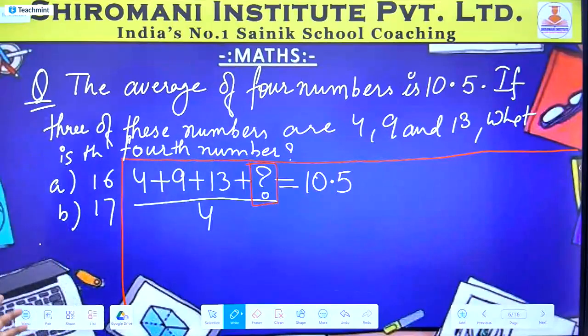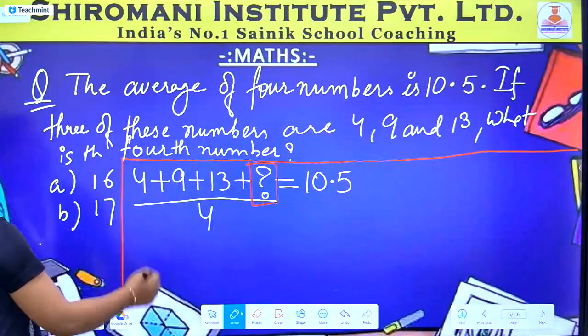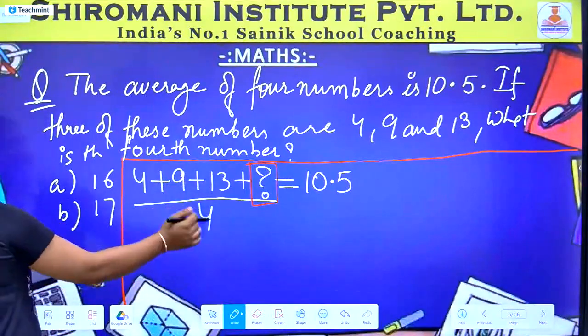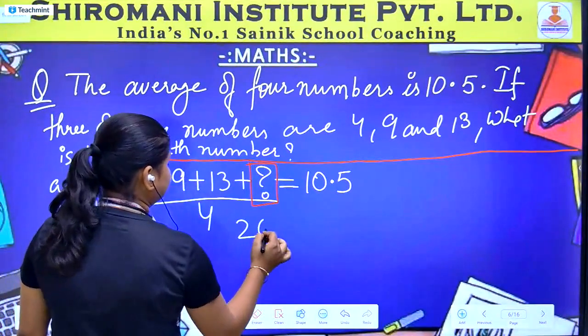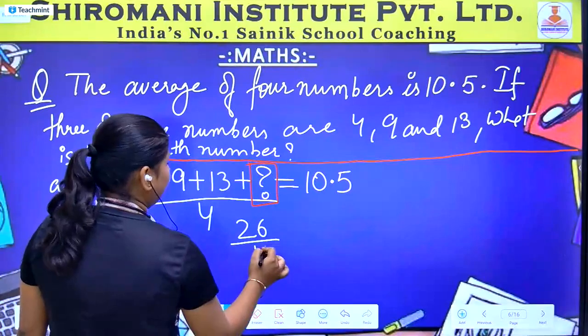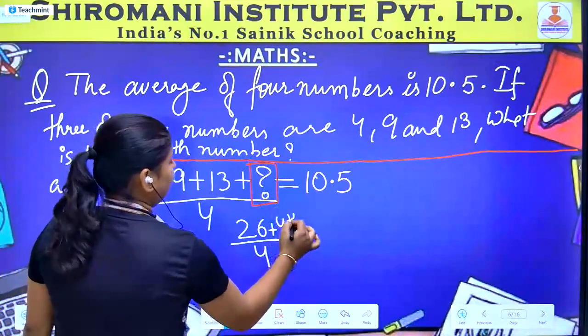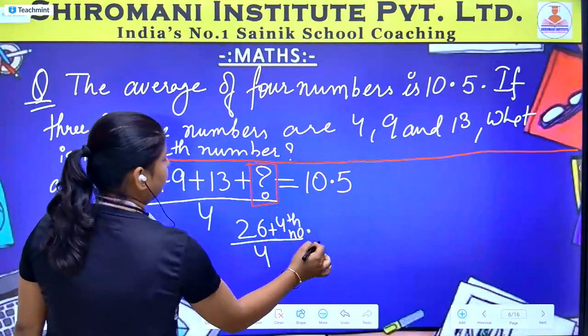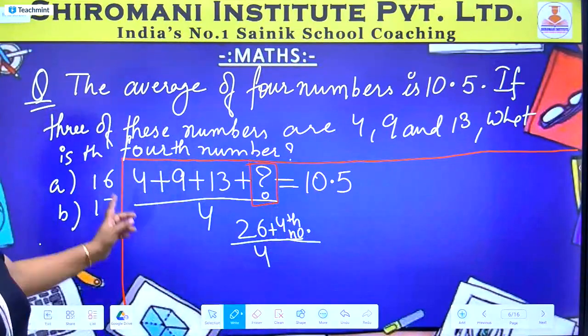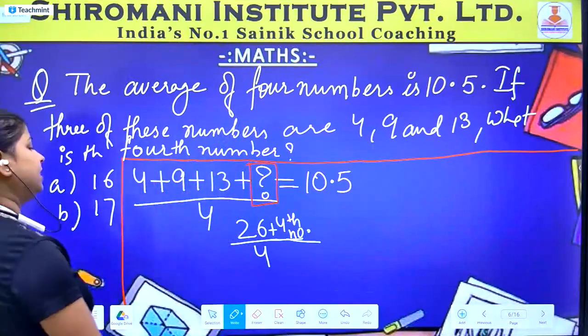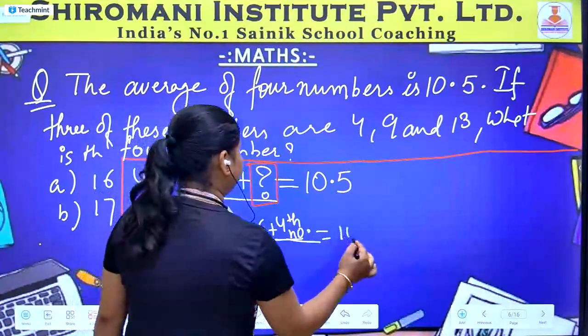Okay, so 4 plus 9 is 13. 13 plus 13 is 26. So 26 plus this question mark, the fourth number, because three numbers are given to us and the fourth I don't know, divided by 4 is equal to 10.5.